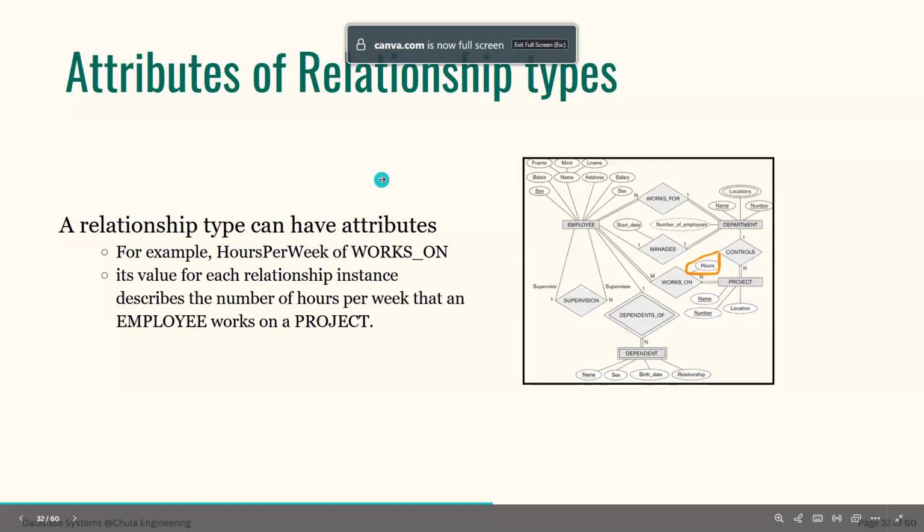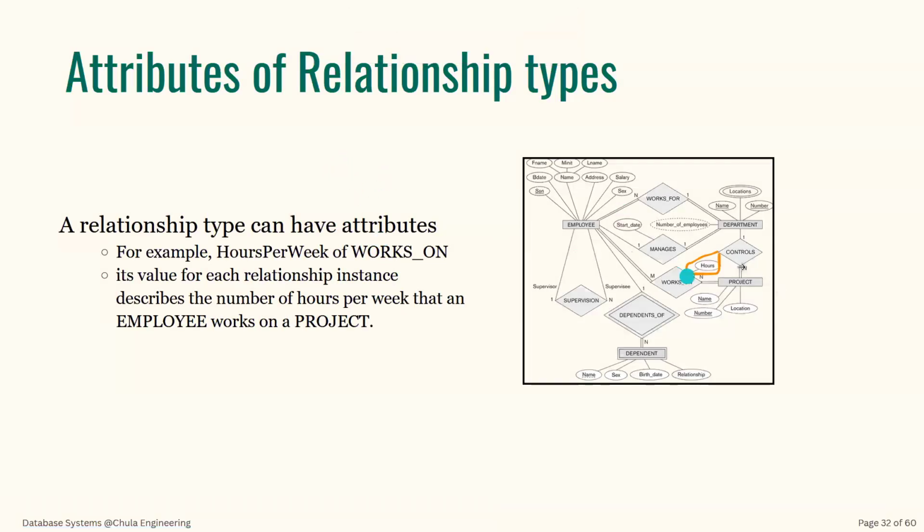Now, the relationship type that we look at can also have attributes. For example, here we have works on, and you obtain the requirement from the users that an employee works on a project. An employee can work on many projects, and each project can have many employees.